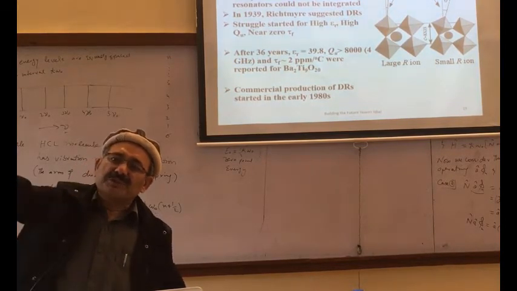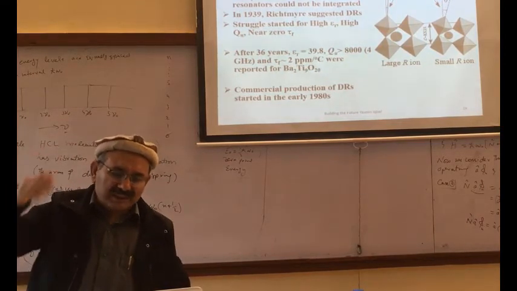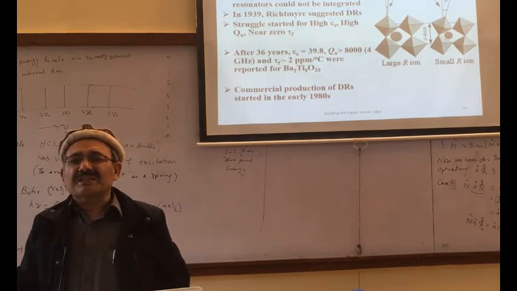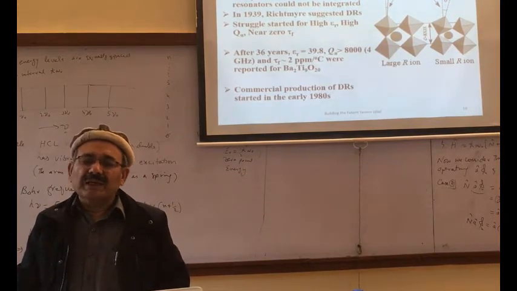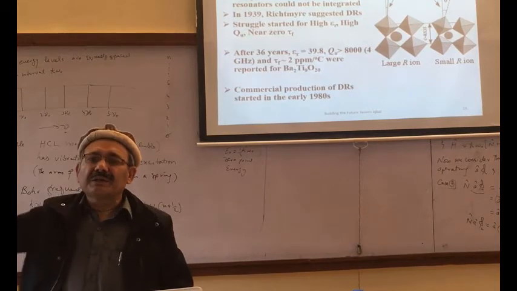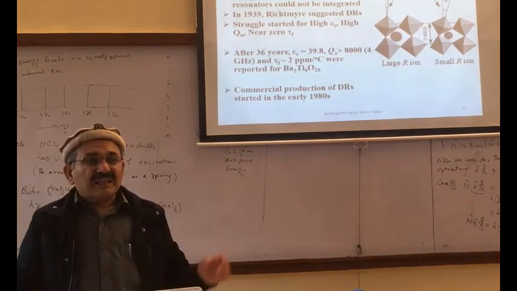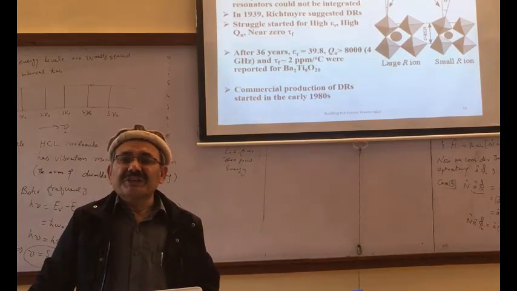But the frequencies should be very high. And most of the silicate minerals are used to get substrates of materials with low dielectric constant and very high frequencies. The commercialization came in the 80s.